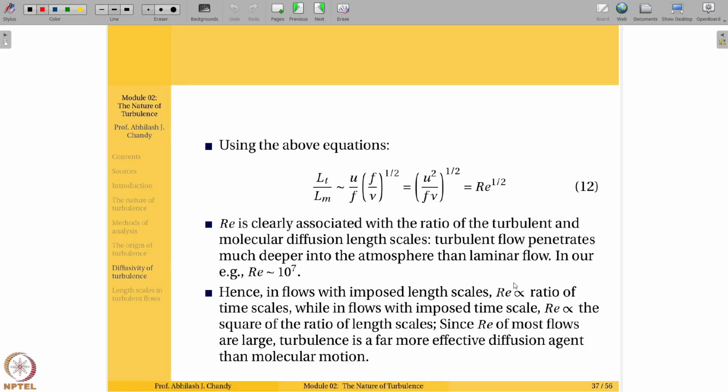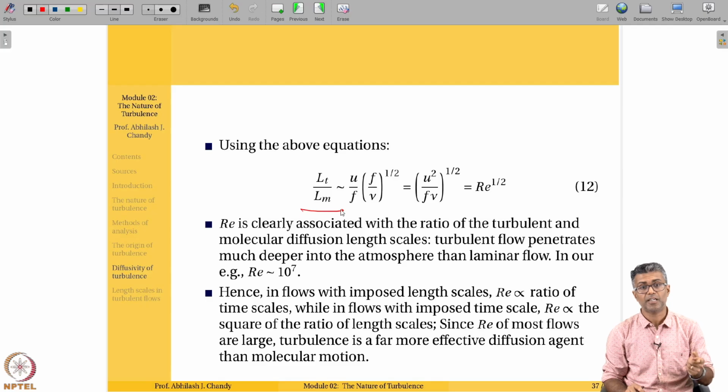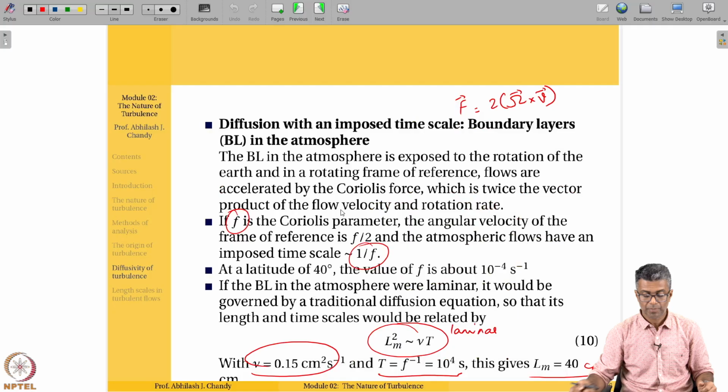Here we are estimating the length scales. So let's take a ratio of those. LT over LM is the ratio that we are after. LT is U over F, and LM squared is nu times T, isn't it?